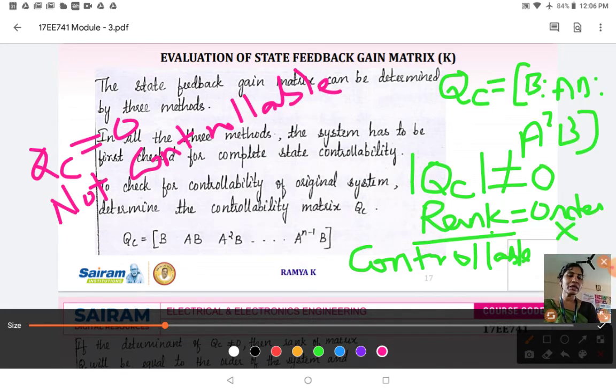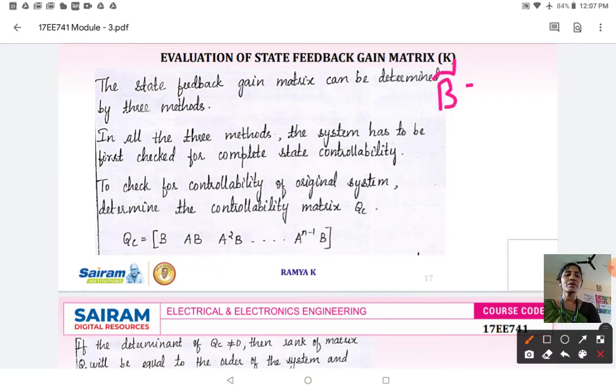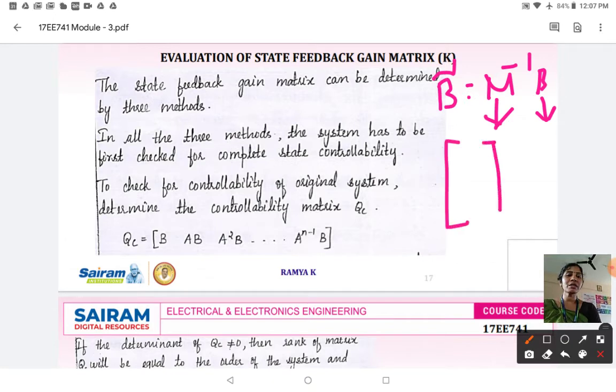In case of Gilbert's test, the procedure to identify controllability is to find the new vector B, which is M inverse B. M is the model matrix, and B is the matrix given in the problem. After identifying this, none of the elements in M inverse B should be 0.